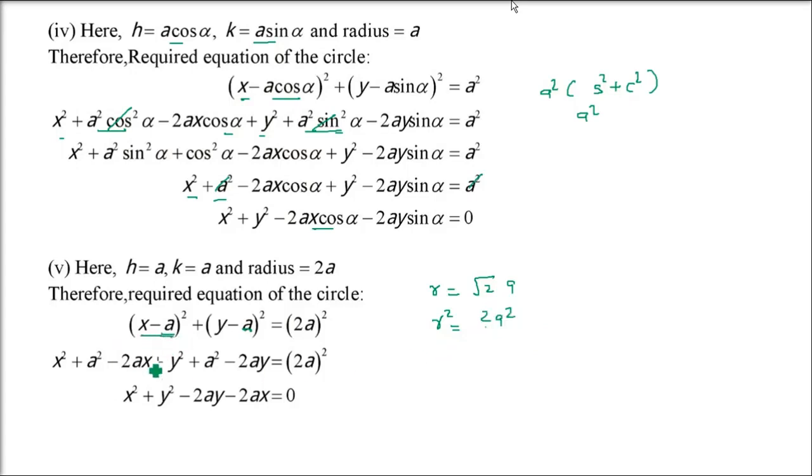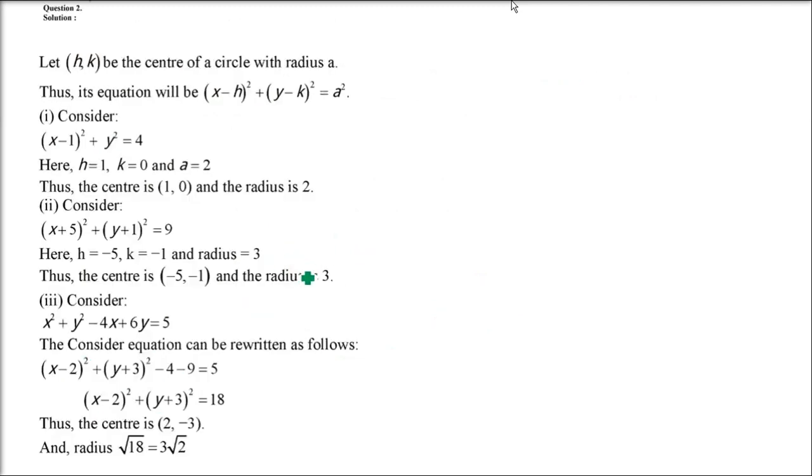Just open this: x square plus a square minus 2ax plus y square plus a square minus 2ay, and this equals root 2 a whole square, in place of which you can write 2a square. The a square plus a square on the left is 2a square, and you can just cancel the 2a square from left hand side and right hand side. So x square plus y square minus 2ax minus 2ay equals 0 is the equation of the circle.